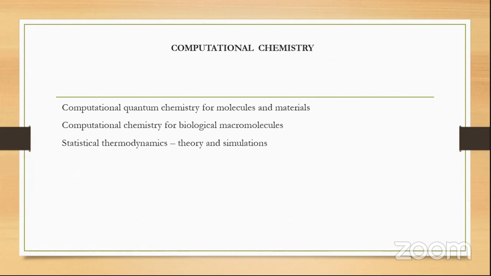Second thing is computational chemistry for the biological macromolecules. Here you see there is an immense scope of research direction in this particular field. Because in this topic, chemistry, biology, mathematics, and computer science, all the fields are responsible.